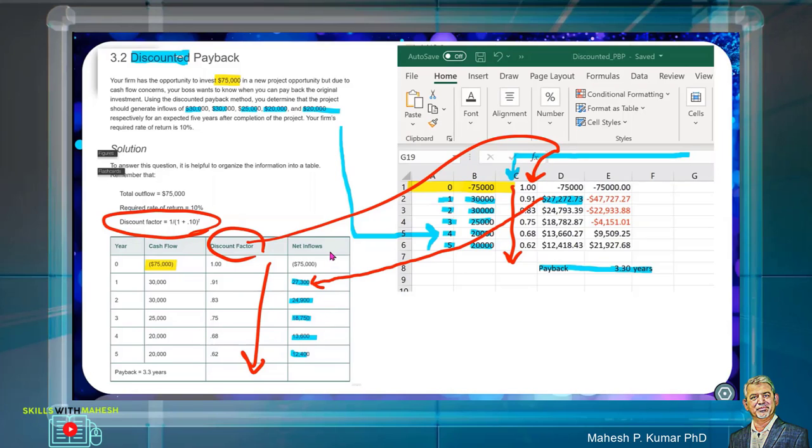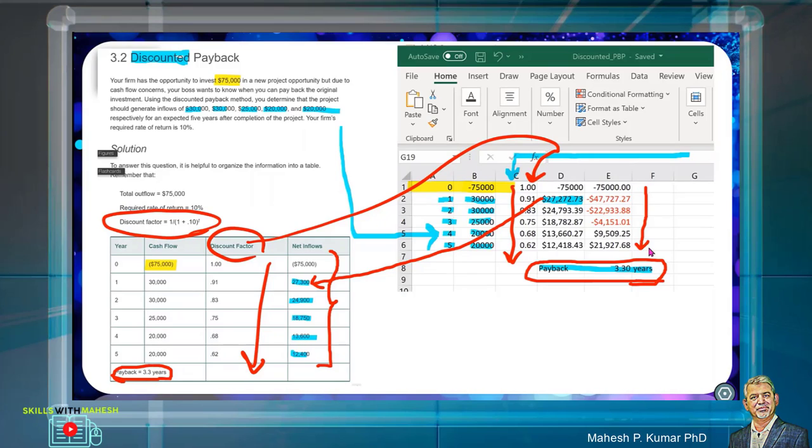So sometimes the books show approximate numbers. The payback period is 3.3 in the book, and our answer is also actually 3.3, but our numbers in the Excel sheet are exact numbers, right?